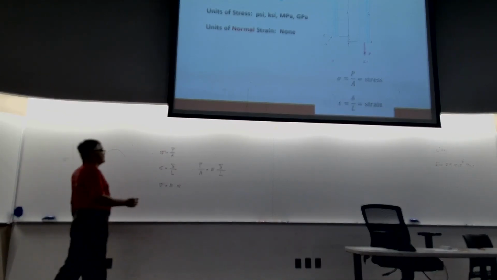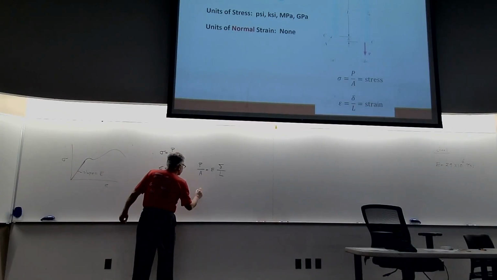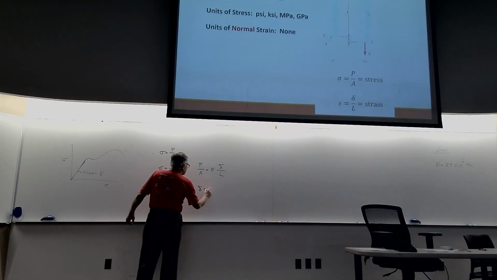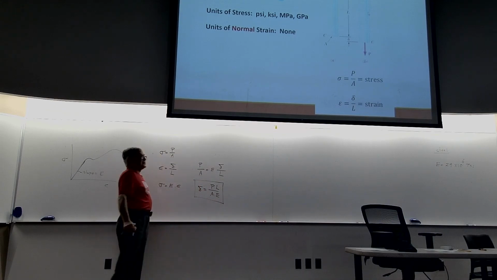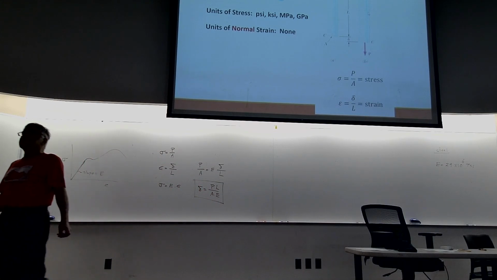So if we solve this for delta, we get P L divided by A E. So that's how we find elongation.